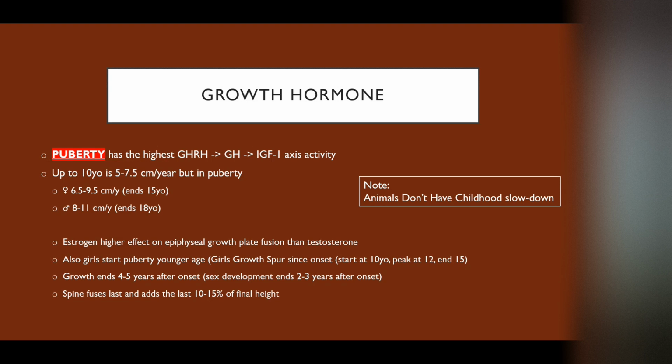So remember, the onset of puberty for females is the breast and the growth, while the beginning of puberty in males is only testicular volume. So when you speak about onset of puberty in females, add the growth rate as well. Remember that sex development happens faster. It ends in 2-3 years, while the growth is 4 to 5 years. Okay, let's move on.